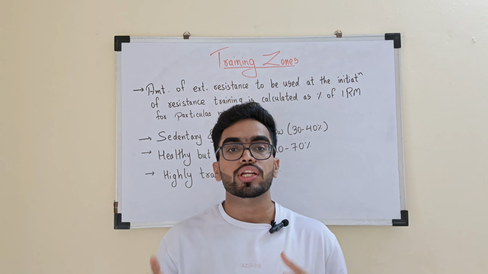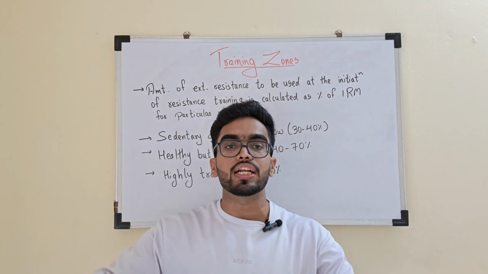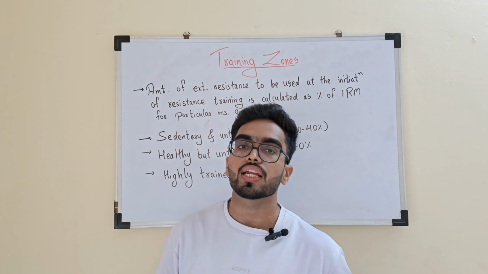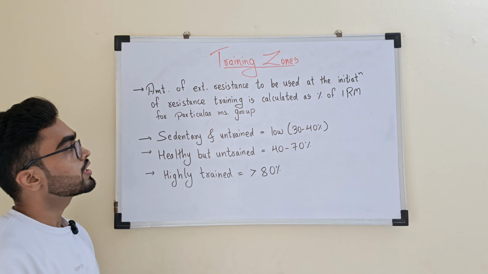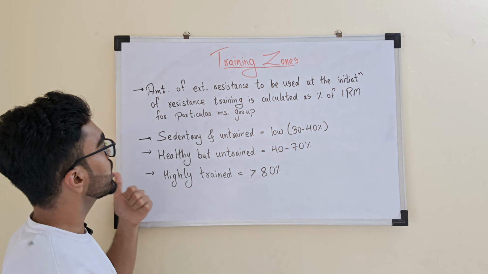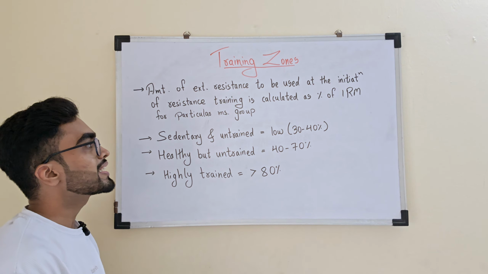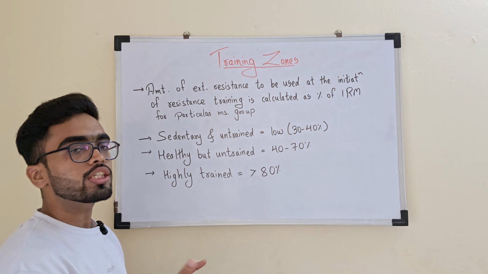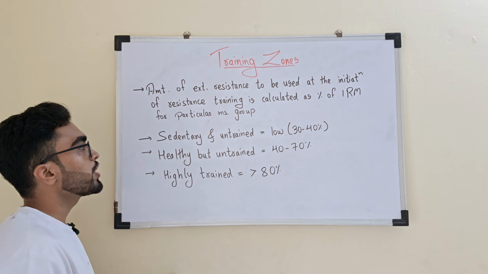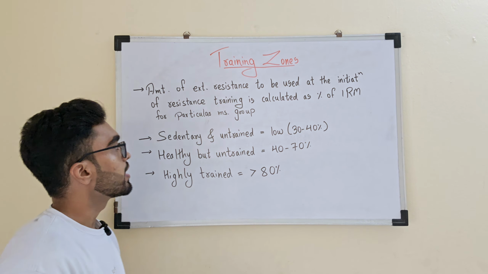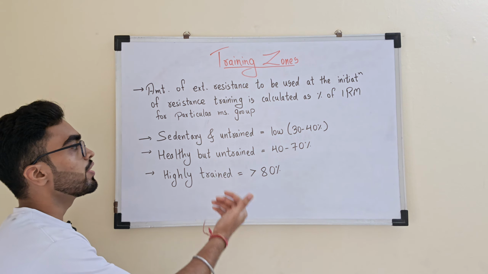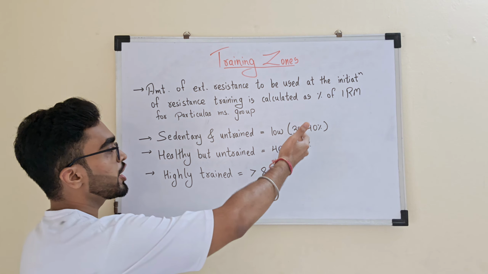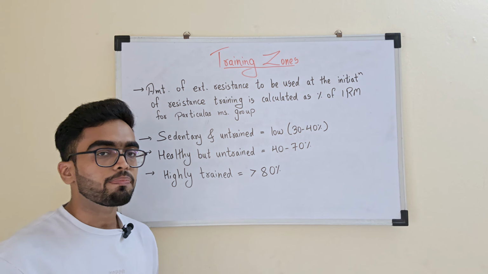There are various training zones according to the lifestyle of the individual. Okay, so the amount of resistance to be used at the initiation of resistance training is calculated as a percentage of 1 RM for a particular muscle group. Okay, so for sedentary and untrained people, we go as low as 30 to 40% of their 1 rep max.